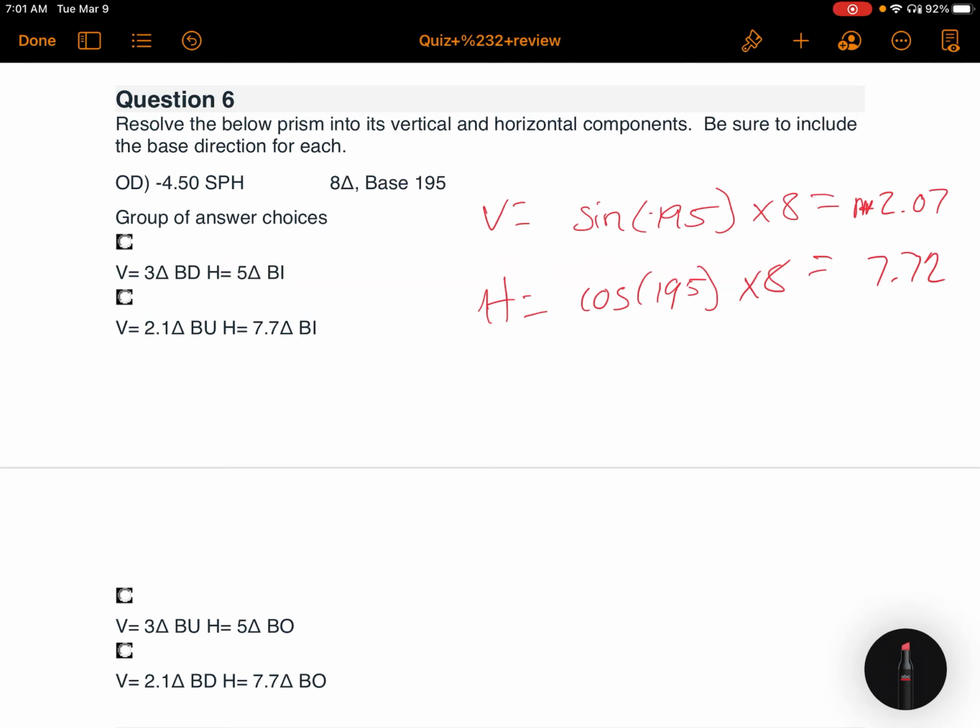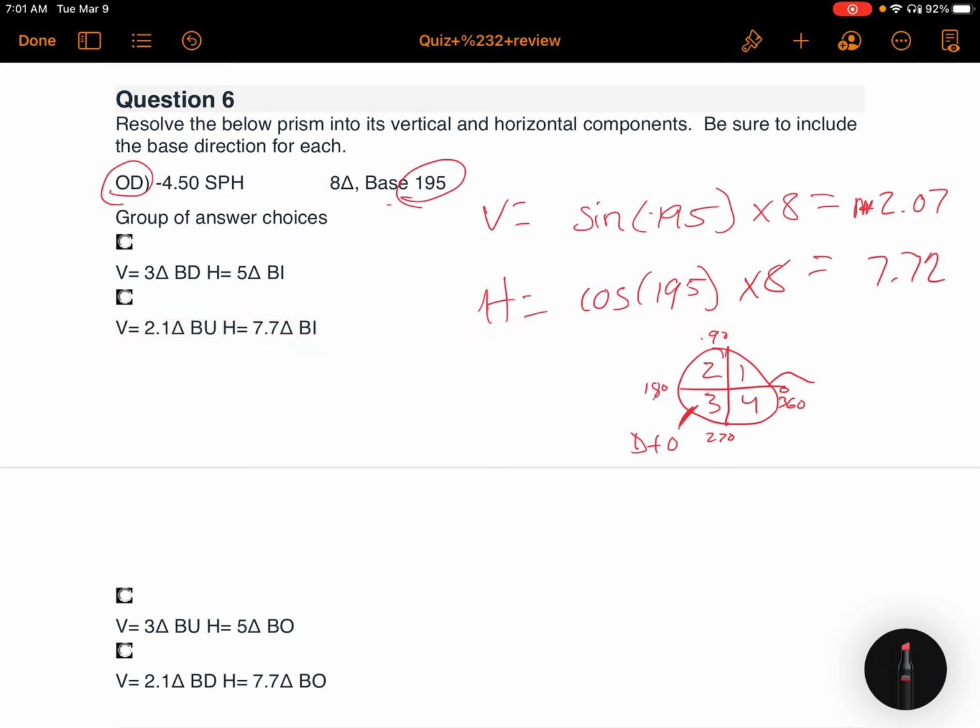And let's go ahead and figure out the base direction. So we know it's a right eye at 195. We know that this is 0 to 90, 90 to 180, 180 to 270, and then back to 360. So 195 falls right in here under quadrant 3. Quadrant 3 is down and out.